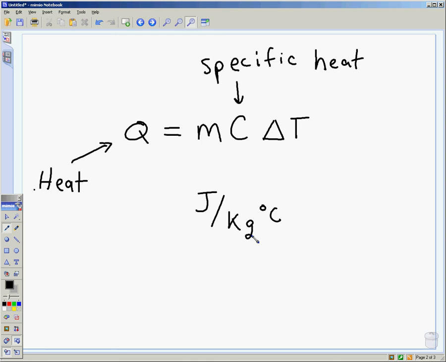How many joules of heat for each mass of a kilogram and for each degree. If you multiply how many kilograms you have and how many degrees C you go up times this number, you get how many joules that it takes to do that.